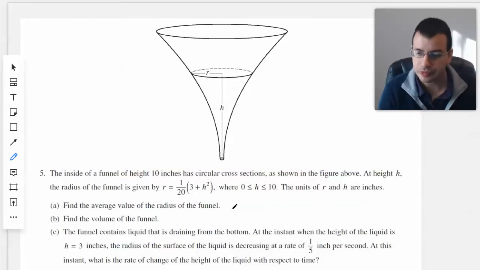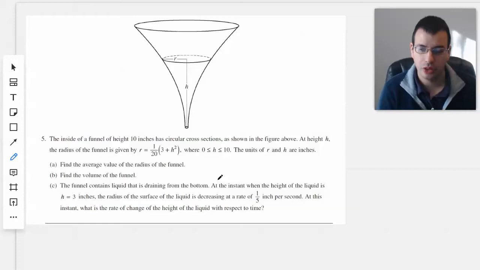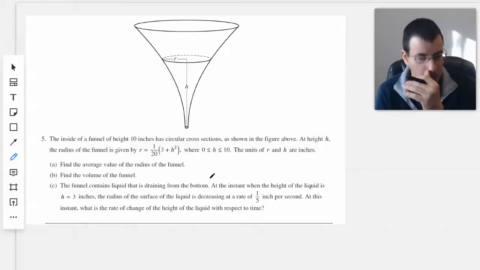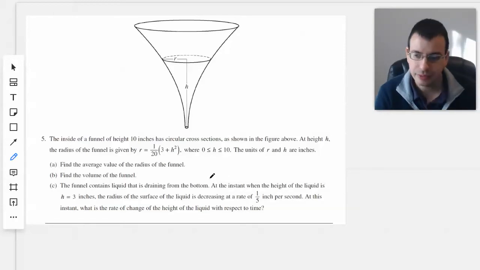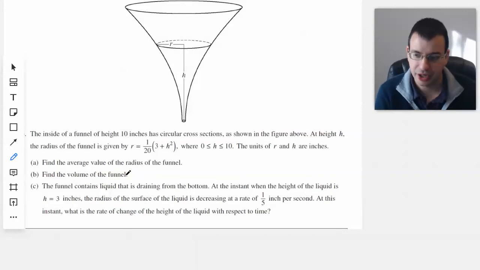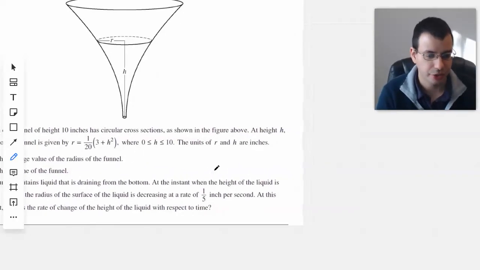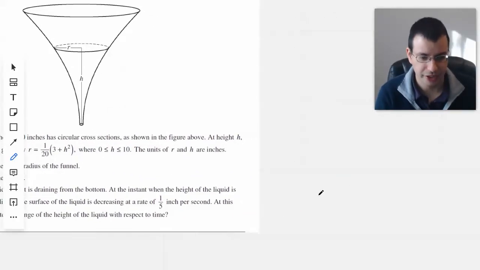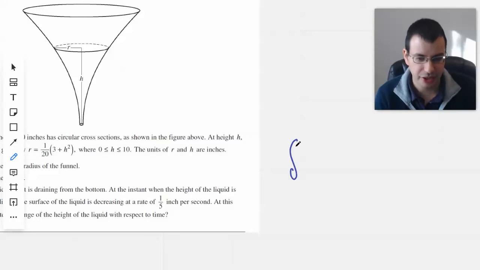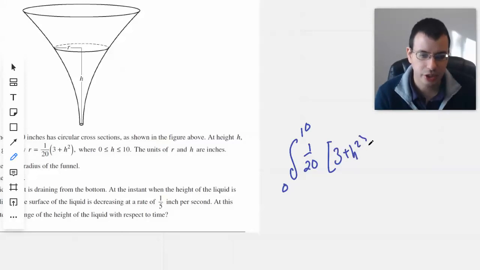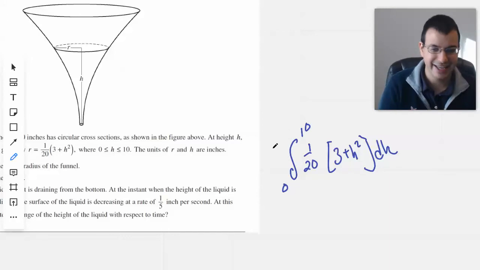Okay. So the way I'm going to do this is I'm going to write out, so we need to find the average radius. So we'll find the integral of the radius from 0 to 10, and the radius is 1 over 20, (3 plus h squared), dh, and then we'll divide it by 10.